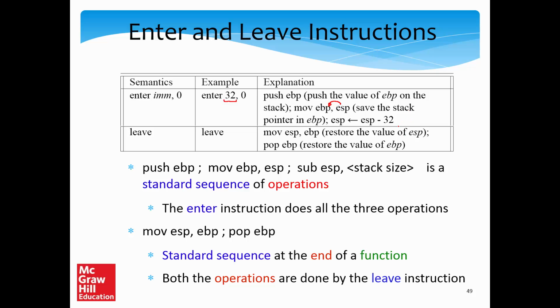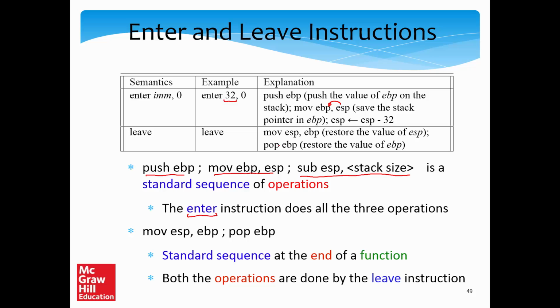So this is like a 3-in-1 kind of instruction. Alright, so basically this is what it does: push EBP, move ESP to EBP, and subtract the stack size from ESP. It's a standard sequence of operations. So instead of having 3 instructions for it, the enter instruction will do actually all 3.